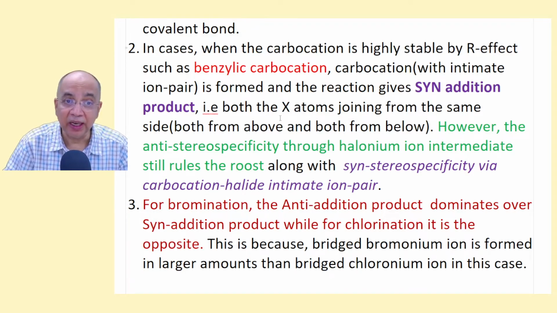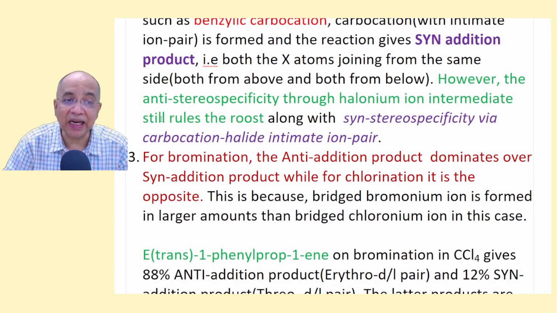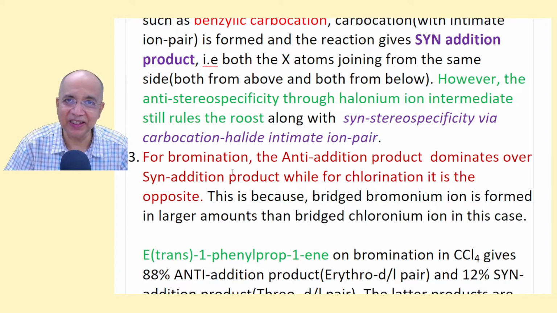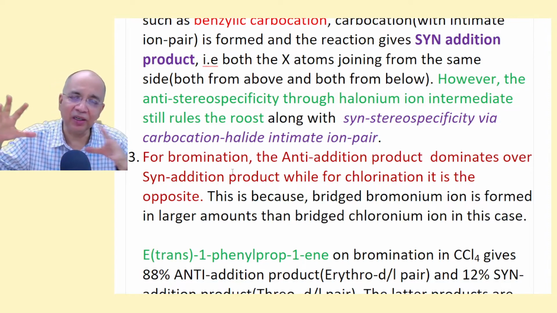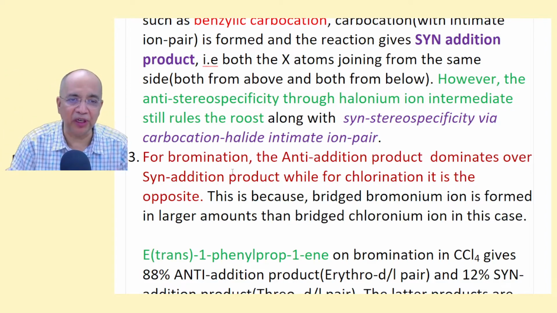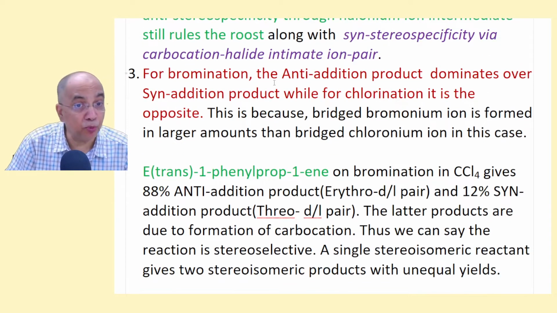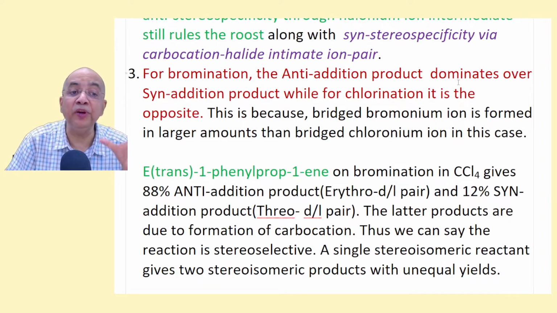That is, both the halogen atoms joining from the same side, both from above or both from below. However, the anti-stereospecificity through the halonium ion intermediate still rules the roost, meaning it is the dominating aspect, right? Some syn product is found, but the anti-addition product is the dominant product, along with syn product via the carbocation halide intimate ion pair. For bromination, the anti-addition product dominates over the syn product.